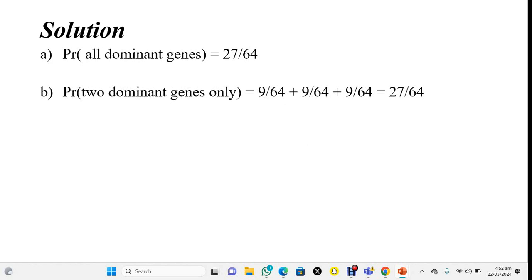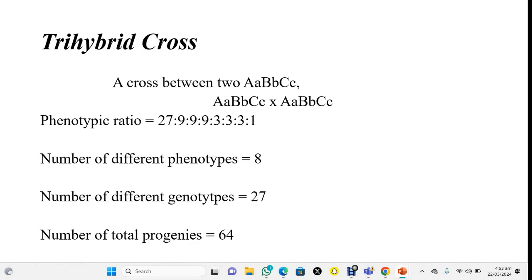Then B, the probability that the progeny is going to have 2 dominant genes only. So let's go back to the ratio. I told you that all the 9s in the ratio represent 2 dominant genes. Now the question was too open. They didn't tell us whether the progeny is dominant at A and B and recessive at C, or dominant at B and C and recessive at A, or A and C and recessive at B. We are not sure which particular dominant genes they are talking about.